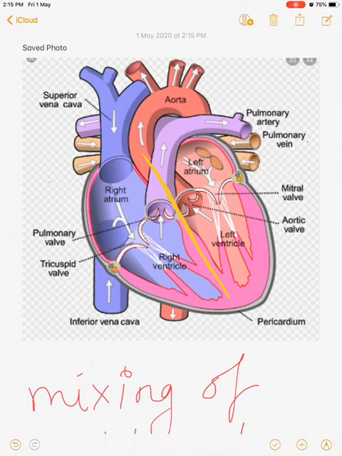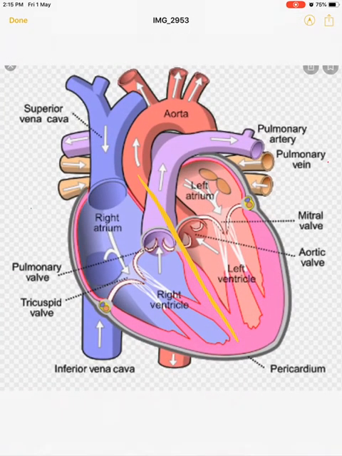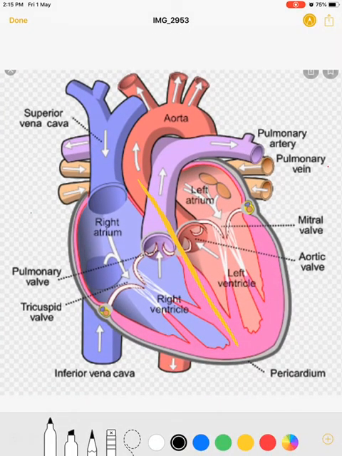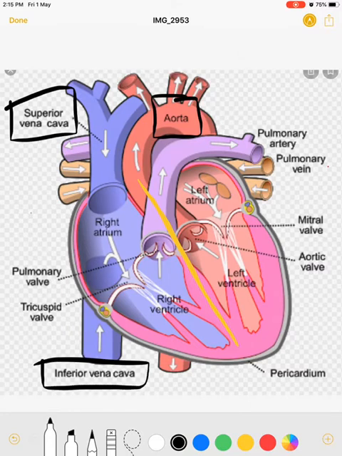Now again come back to this picture. You can see that this is aorta and superior vena cava and inferior vena cava. So four portions of heart are there: left atrium, right atrium, left ventricle, right ventricle. Valve we have studied. What is the function of the valve?